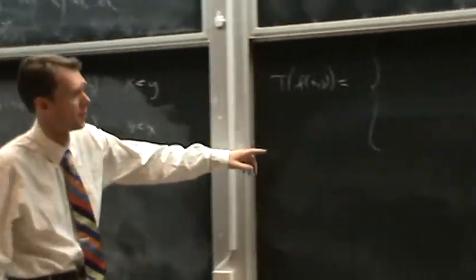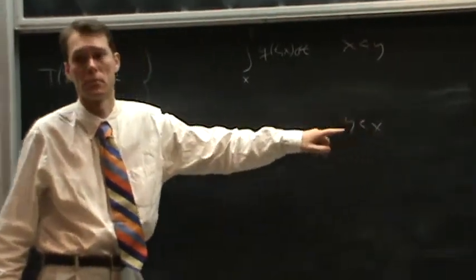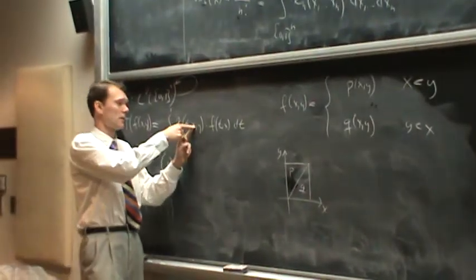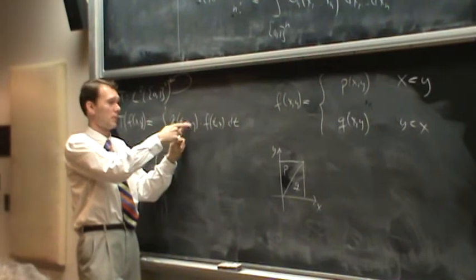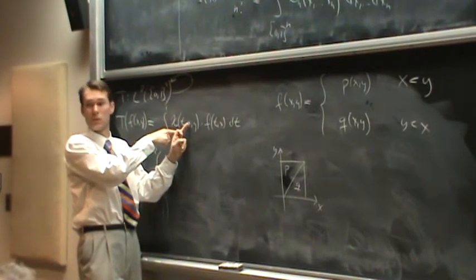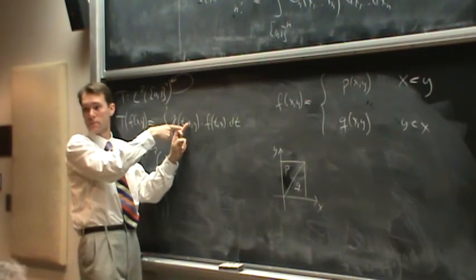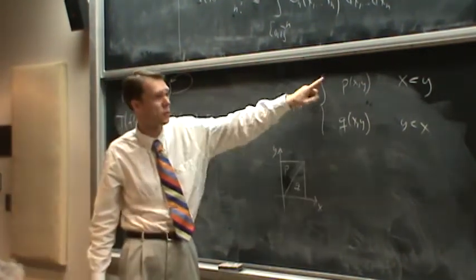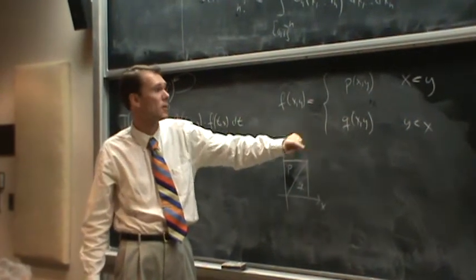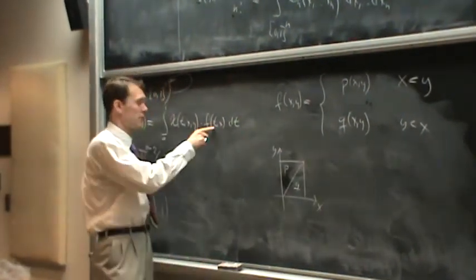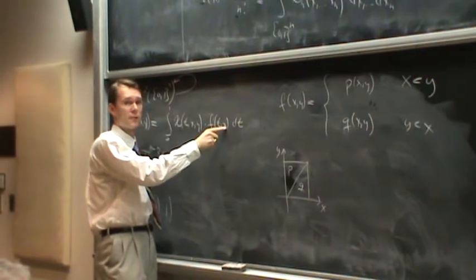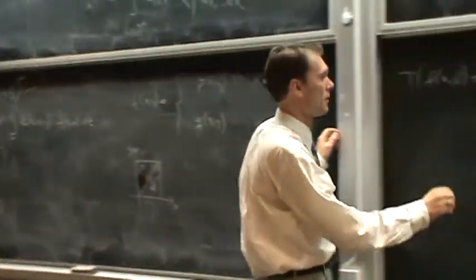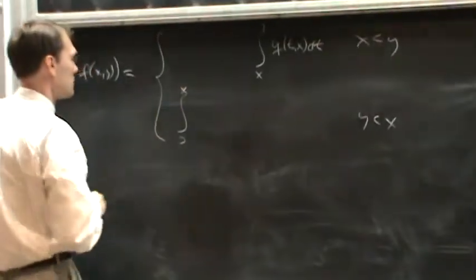Now to the next case, y less than x, x greater than y. Well, if x is greater than y, then I'm never going to have a double ascent in here. So this function is always going to be equal to 1. The only thing I have to be careful about is whether I'm using the p or q part. Well, I have to check if t is less than x or t greater than x. So if t is less than x, that means I'm integrating from 0 to x.